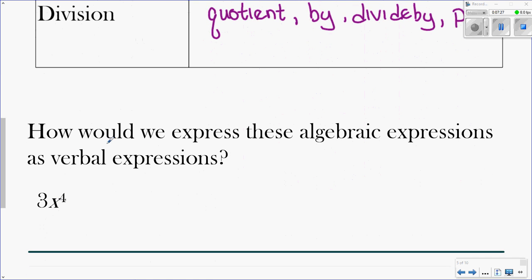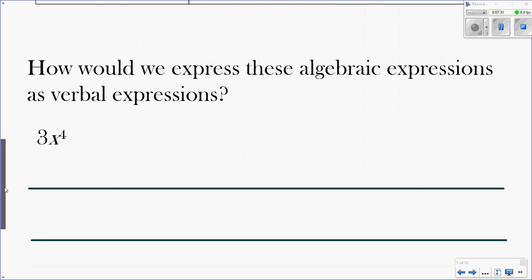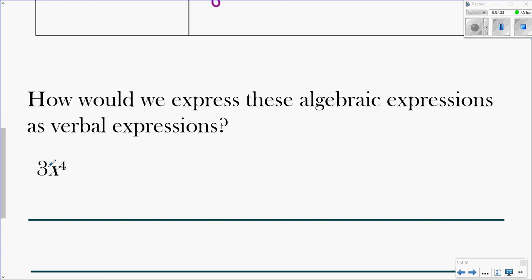Now, it says, how would we express these algebraic expressions as verbal expressions? So we have 3x to the fourth power. When you're translating an algebraic expression into a verbal one, everything has to be put into words.